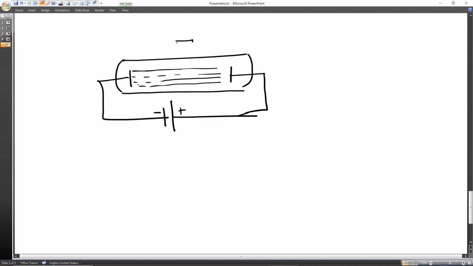If you bring an electric field, positive and negative here, we find that they move towards the positive terminal when the electric field is applied, indicating that these are negatively charged particles. Okay, got it? Yes, sir.